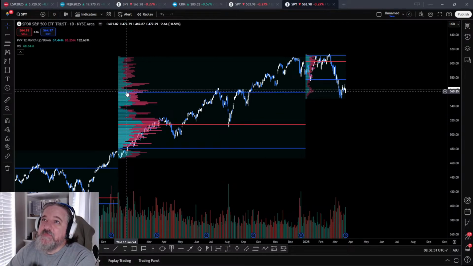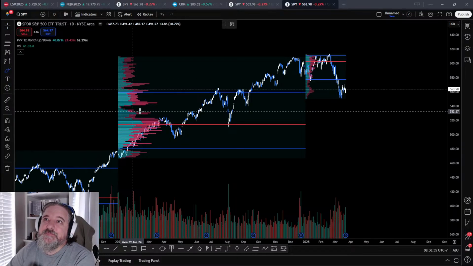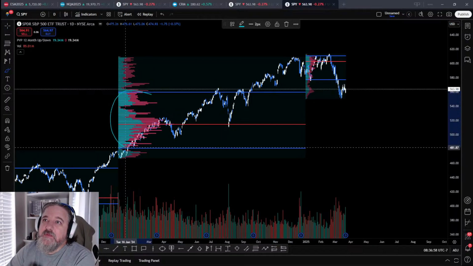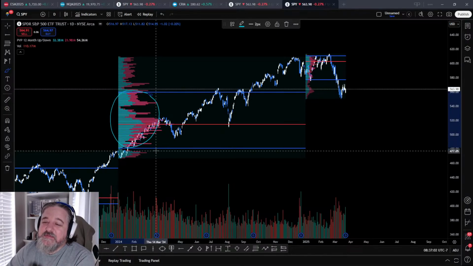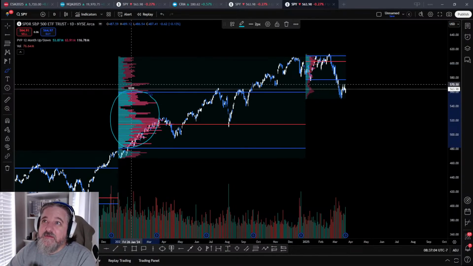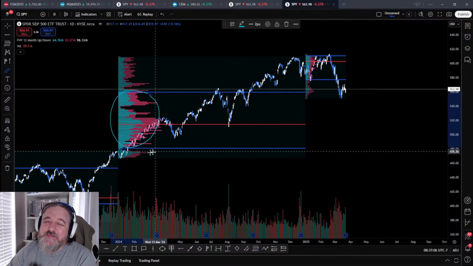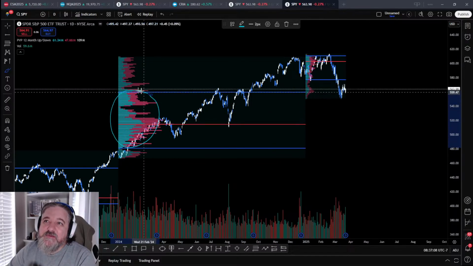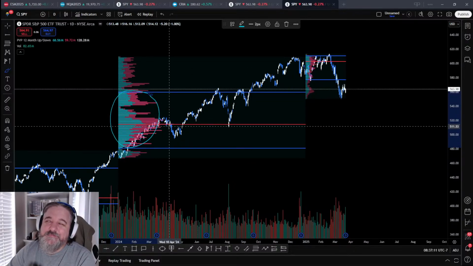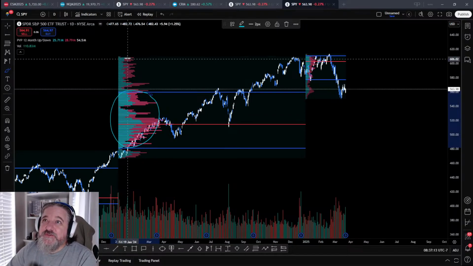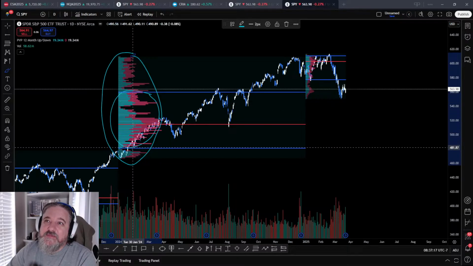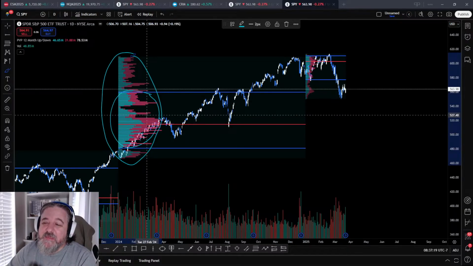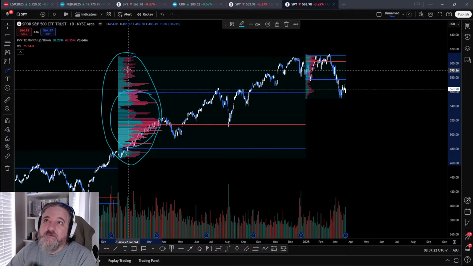And basically what we're looking at is this range here, from this blue line to this blue line, is 68% of the volume that was traded during the year. So it's the highest percentage of our total volume, 100%. This is the 68% that was the largest amount, or the area where we traded the most.